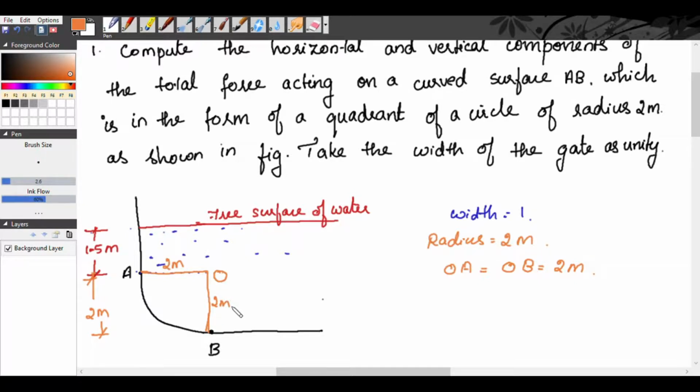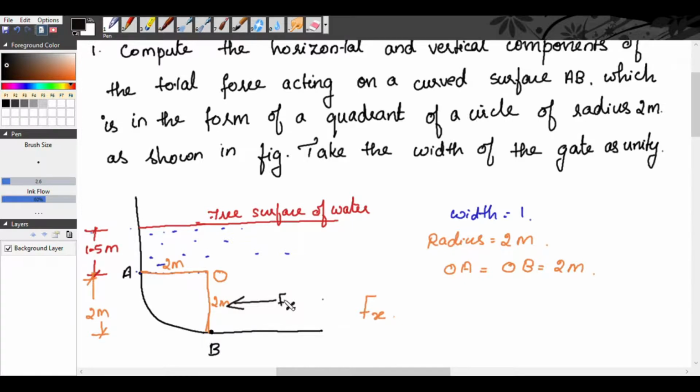Now we know what Fx is, that is the total pressure force on the projected area of the curved surface AB on the vertical plane. So your Fx will act like this, somewhere here. This will be your Fx.